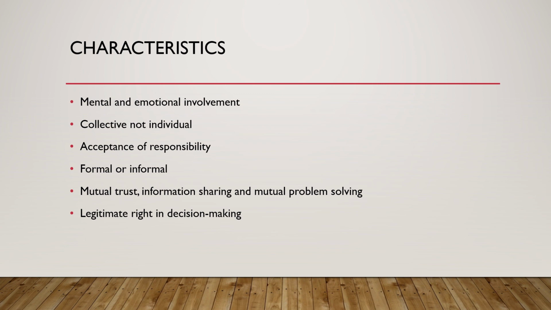That is, once the participation is there, mentally and emotionally, then they'll have mutual trust with the employers, and also the information will be shared between the employers and the employees. There will be no misunderstanding, and whenever a problem arises, mutually the problems can be solved.